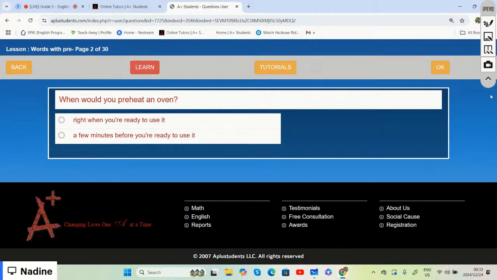So the word preheat, is it option one, right when you're ready to use it, or option two, a few minutes before you are ready to use it? So when would you preheat an oven?